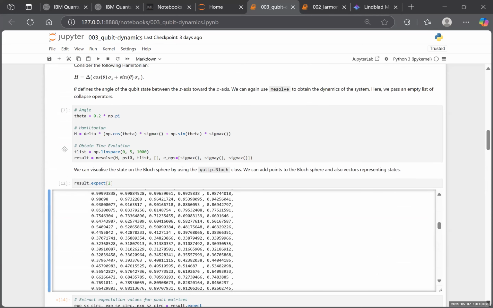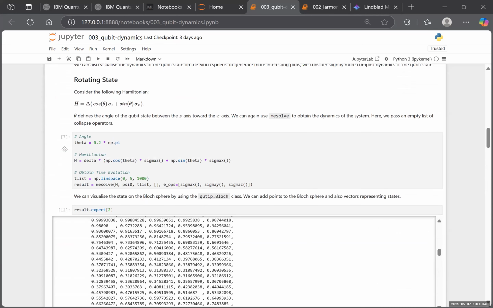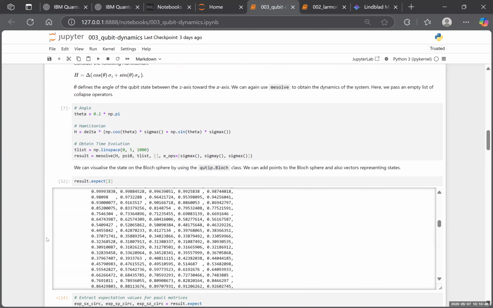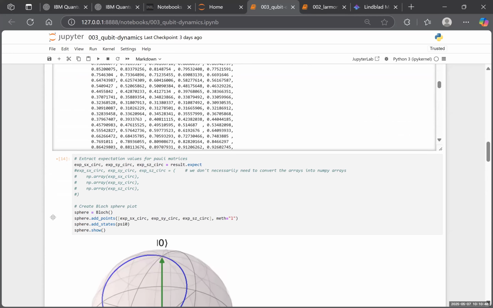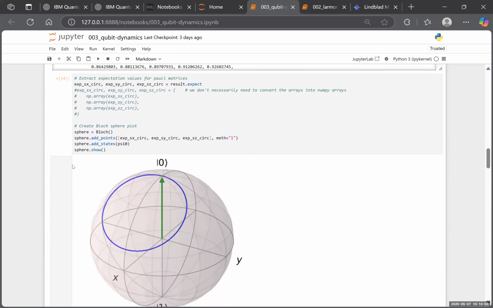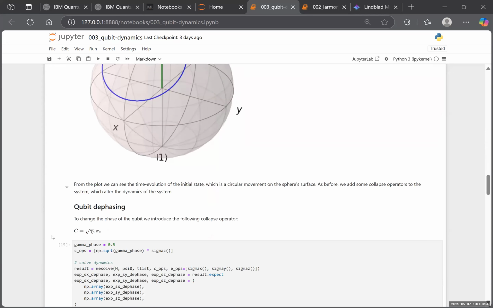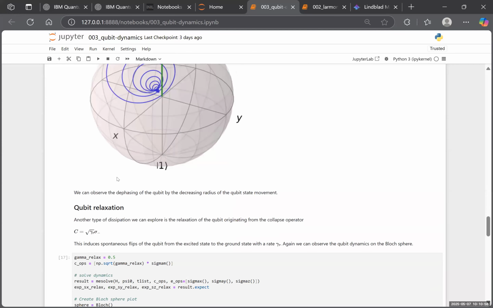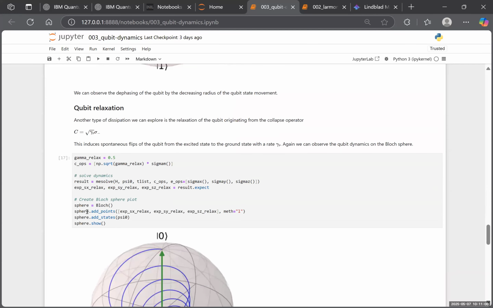For example, we can compare, this is the result, and you have the expectation of x, dephasing. Okay. And there are relaxation.